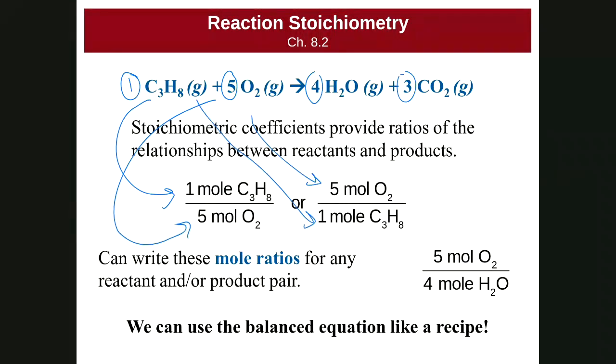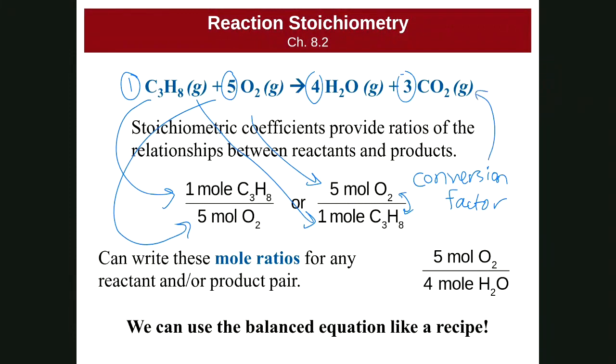So you flip it one way or the other. It's a conversion factor, just like the ones we learned with dimensional analysis. This is just a different kind of conversion factor, just like molar mass is also a conversion factor. They are equal things on top and on bottom based on our chemical equation.